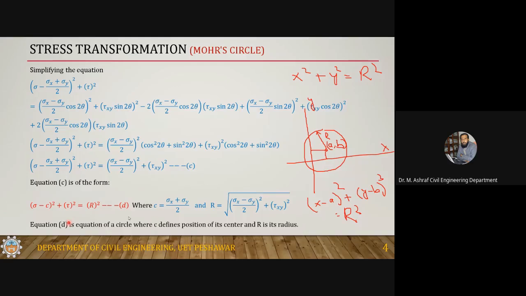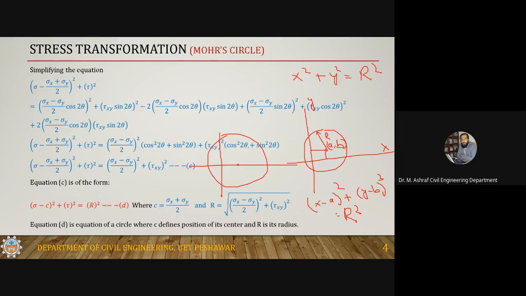Now, if you look at this equation, this is basically a circle which lies like this. Let me draw this circle. So these are the xy plane and this circle is lying somewhere like this. Okay, this is the center point.